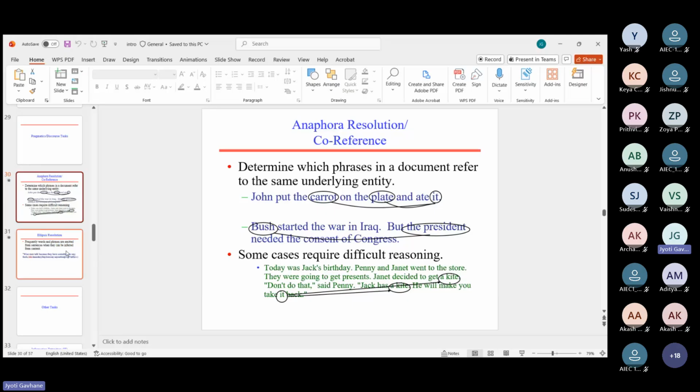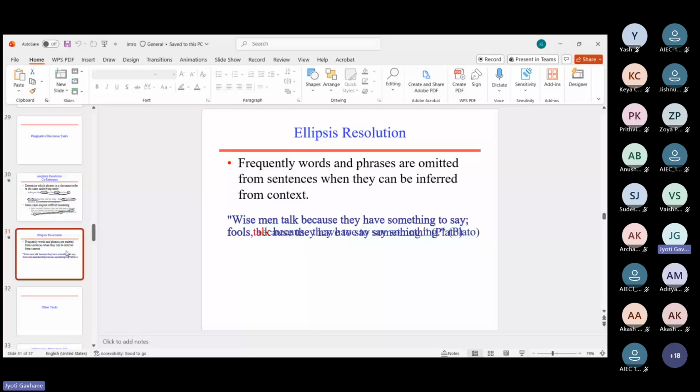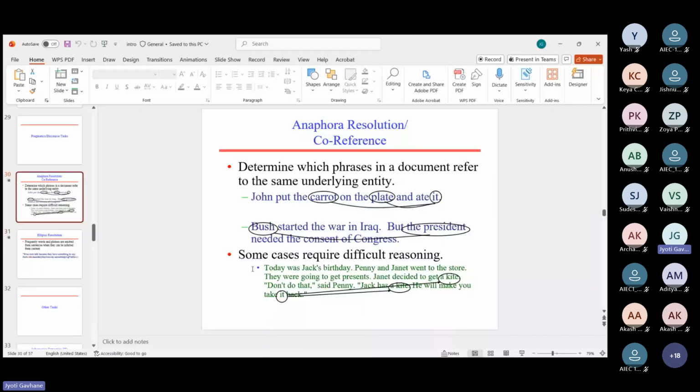The next is talking about how frequently words and phrases are omitted from sentences when they can be inferred from the context. जैसे यहाँ पे next इसमें it लिया है. It मतलब they are talking about the kite. And already she is talking about the kite, and the kite is in the store also.